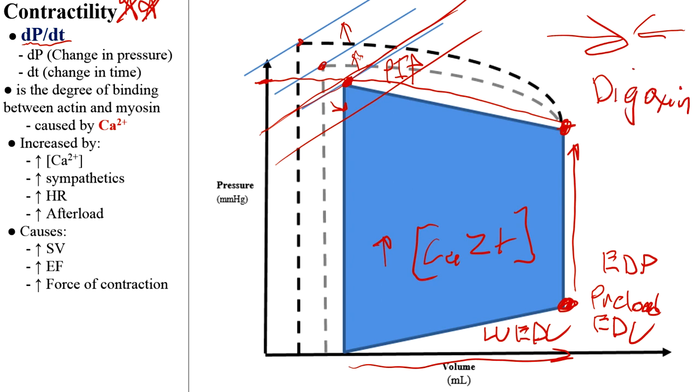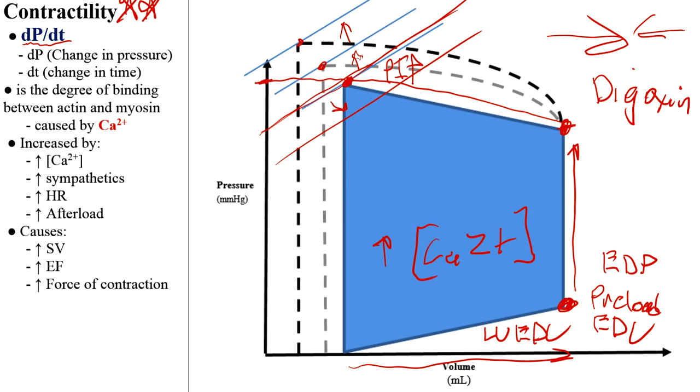And what that does is it blocks that potassium channel, which causes sodium to be retained within the heart, which means that calcium is retained within the heart. So calcium equals contractility. The more calcium concentration that you have in the heart cell, the harder it's going to contract. The calcium is what makes the actin and myosin interact. So the more calcium, the more interaction between the actin and myosin, the harder and more forceful the contraction.